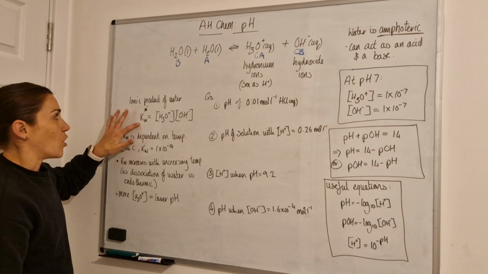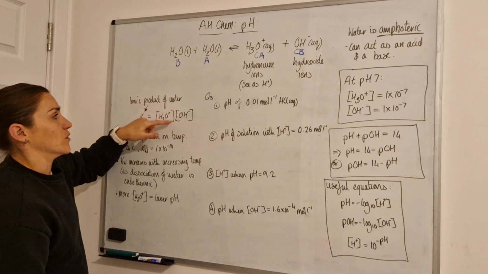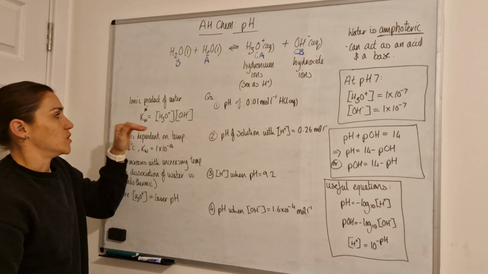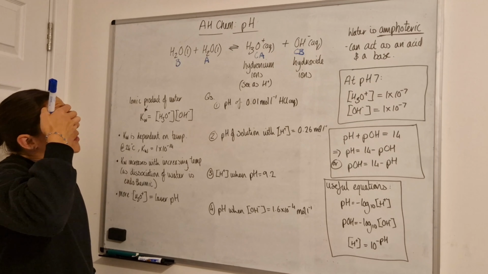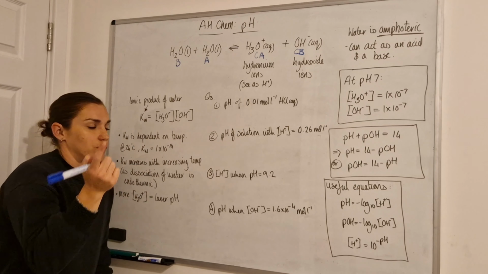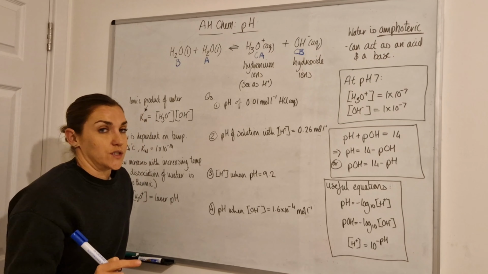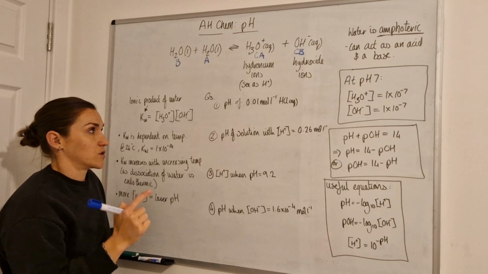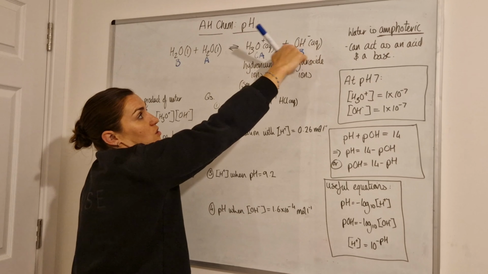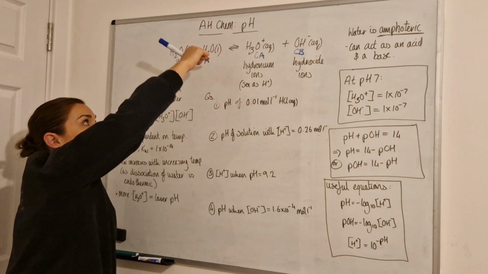Kw is the constant that's known as the ionic product of water, so that's essentially the equilibrium constant for the dissociation of water molecules. If you've seen my equilibrium constant video, you'll know that it's always products over reactants, which means that it would have to be the concentration of these products over these reactants.